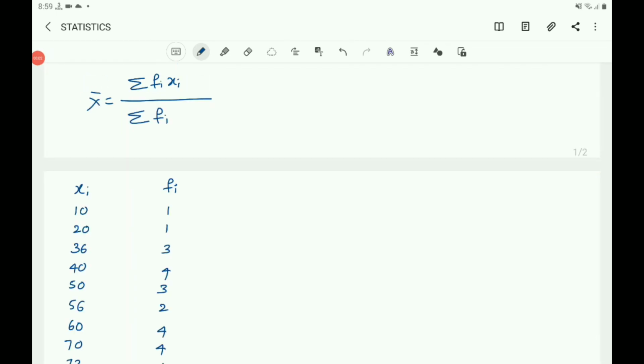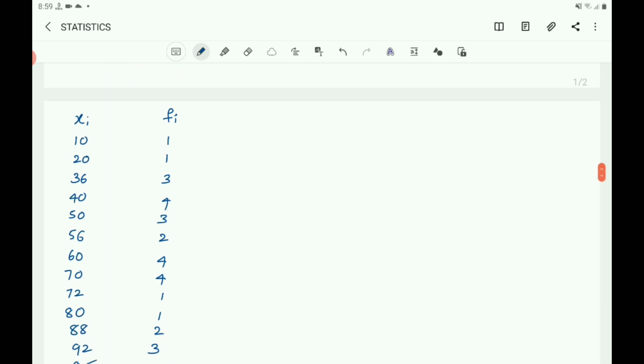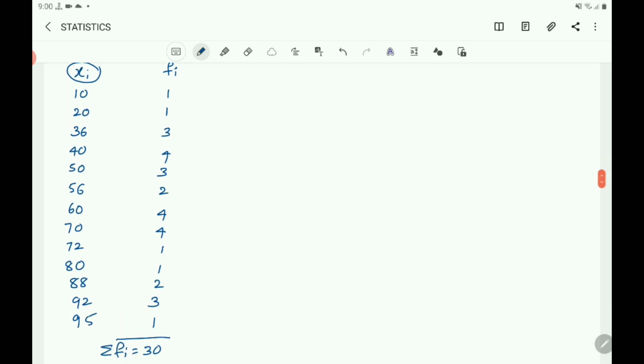Now consider an example. The marks obtained by 30 students of class 10 of a certain school in a mathematics paper consisting of 100 marks are presented in the table. Find the mean of the marks obtained by the students. Totally there are 30 students.